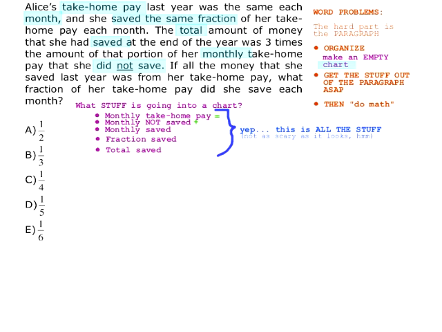Well, I would just write those things, those three. So, saved plus not saved. Let's say, okay, so you have monthly take-home. You have a fraction.